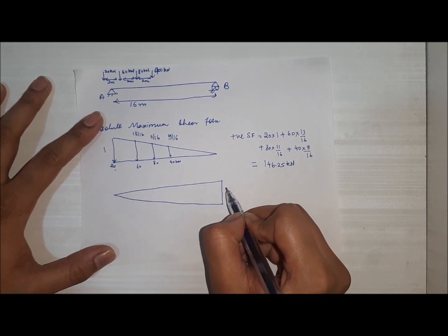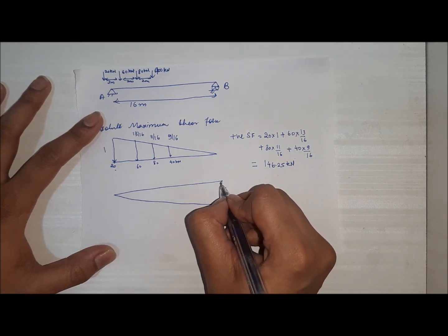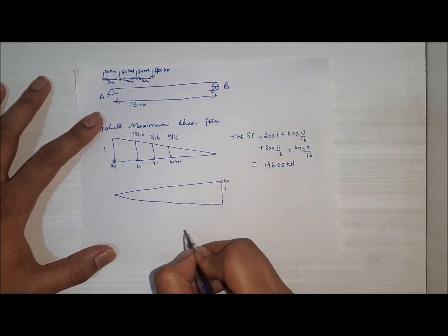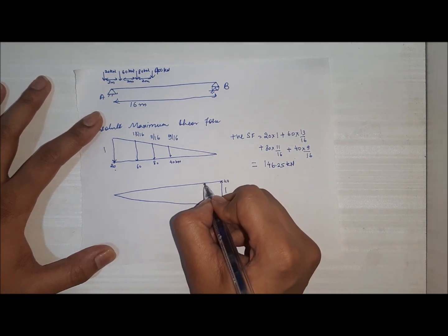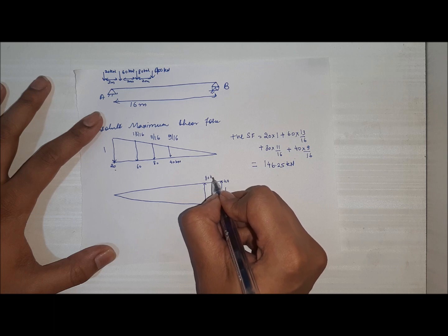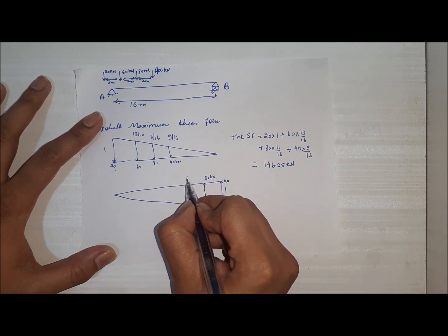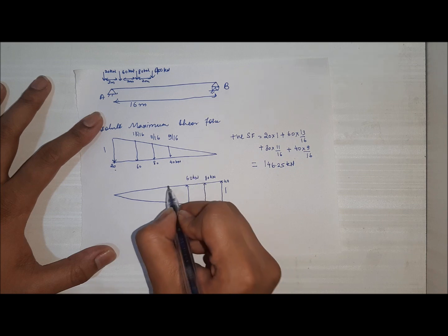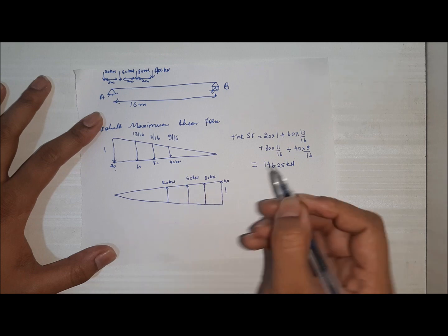We will have an ordinate of unit dimension at B, and we will have the 40 kilonewton load at this point. Then at this point we will have the load 80 kilonewton. Then at this point we will have the load 60 kilonewton, and here we will have the load 20 kilonewton.